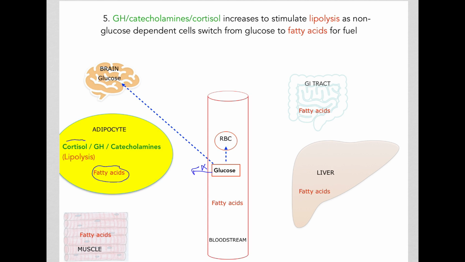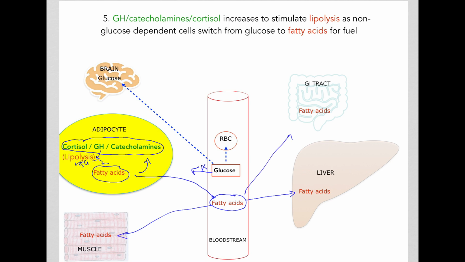So we have these hormones, cortisol, growth hormone, as well as catecholamines. These hormones will cause triglycerides to be broken down into fatty acids, what we call lipolysis. And those fatty acids will not only be used by the adipocytes, but will enter the bloodstream and be used by all the other cells, the non-glucose dependent cells, as fuel.